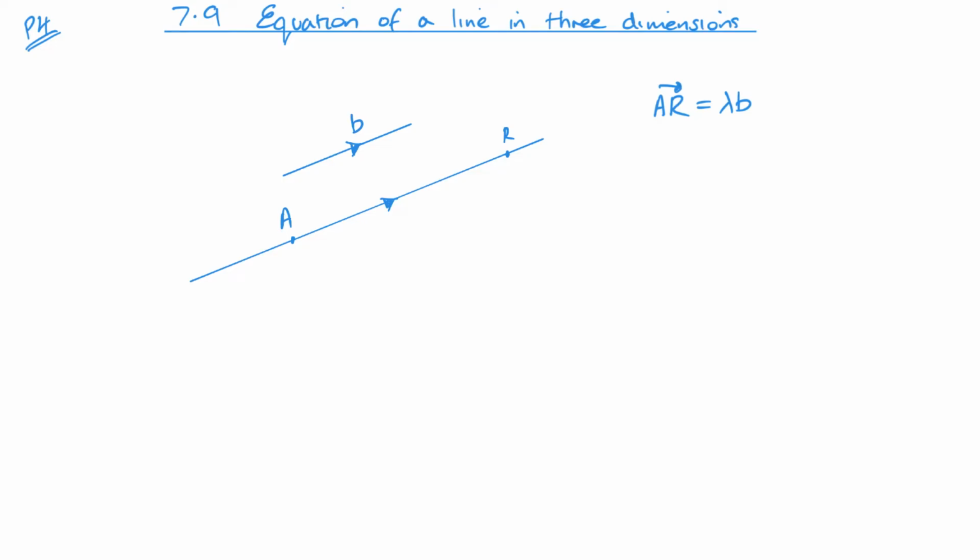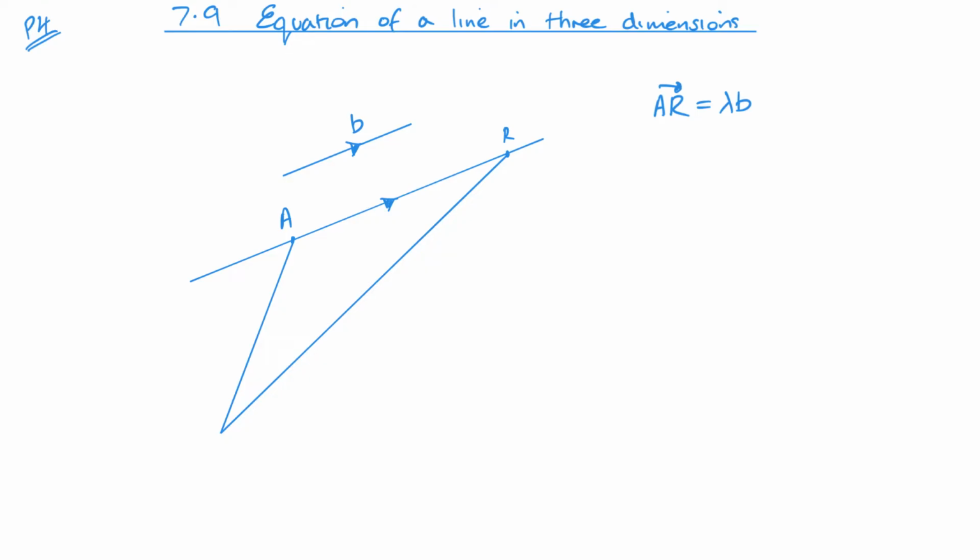Now the next thing we want to look at is position vectors. Okay, so what we actually want to do is find the position vector of R. And to do that, we need to think about the origin. So let's start by joining A up with the origin.